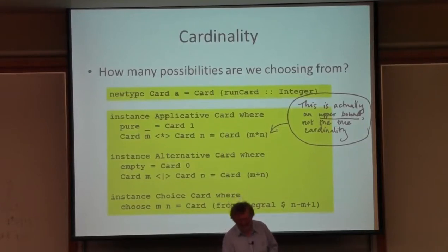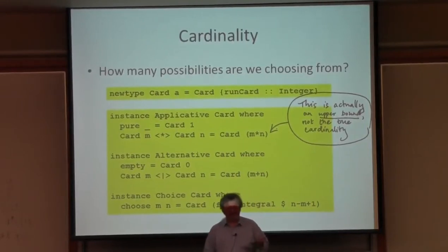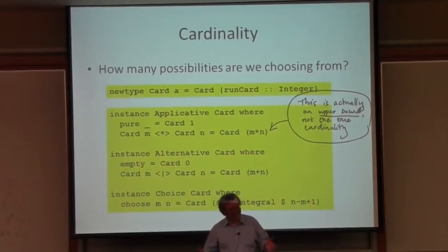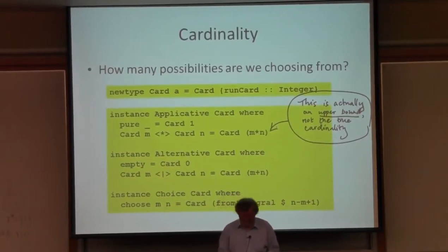Likewise, for this choice operation, if I make a choice between pure 0 and pure 0, then the generator really has a true cardinality of 1, but this is going to compute 2. So we're counting the number of ways of generating something rather than the number of different values you might get. But it's a good approximation.